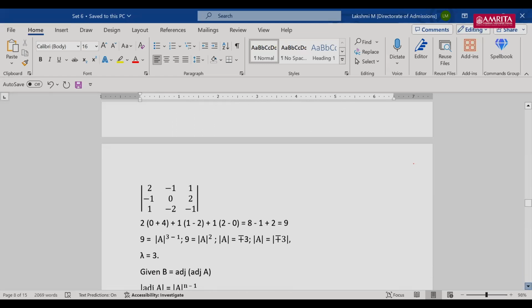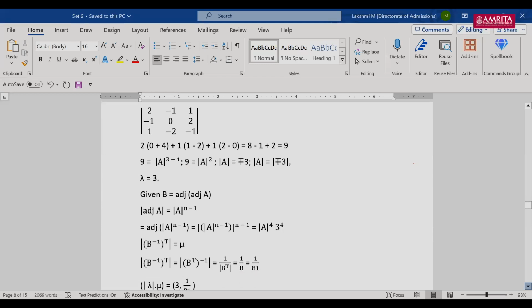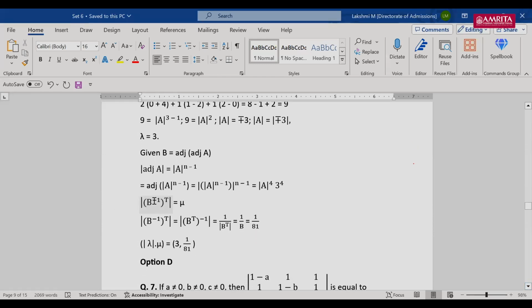Now to get to B inverse transpose, it is 1 by B transpose. When it's transposed, you can write this as 1 by B also. That is 1 by 81. So that's how this question comes as option D.